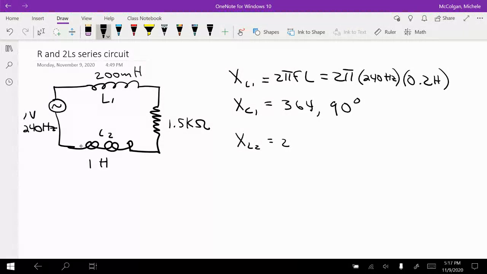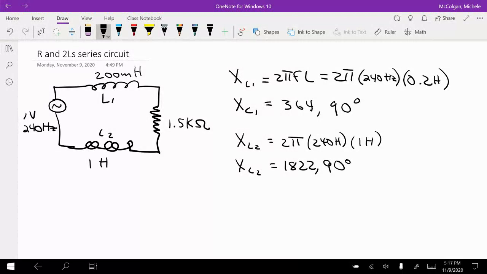And then XL2, using the same equation, I get 2 pi times 240 times 1 Henry. So XL2 is equal to 1822, and that's also 90 degrees.